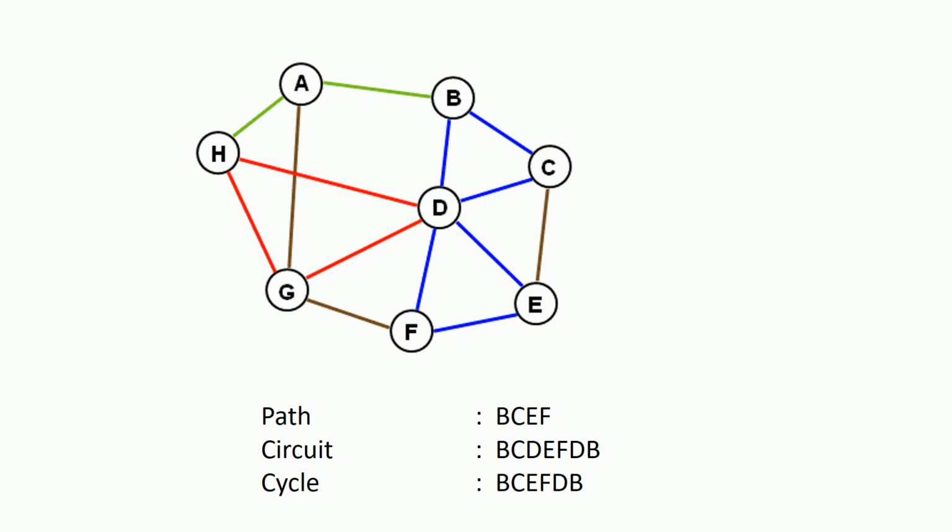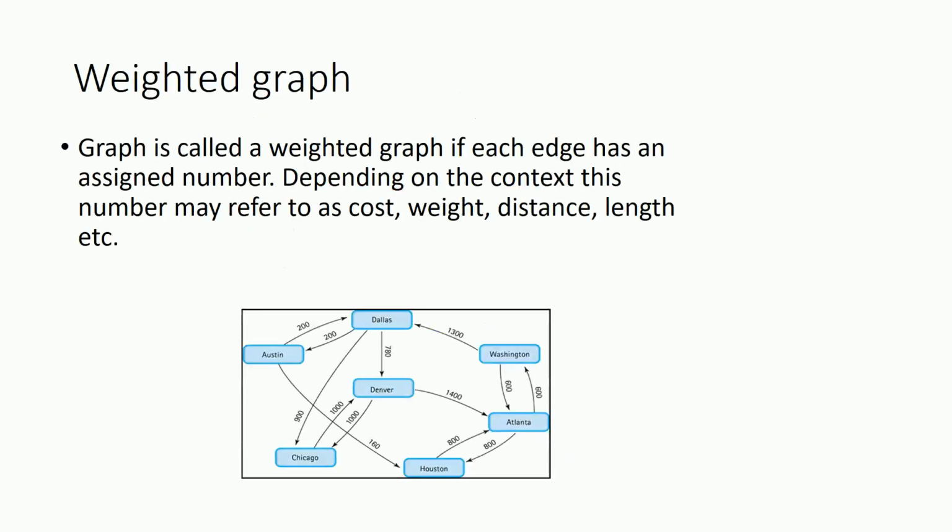Now here, there's no repeating edge, however, vertex D is included twice in this path. So even though this path is a circuit, it's not a cycle because we have a repeating vertex. But if we consider the path B, C, E, F, D, B, it's a cycle because there's no repeating vertex or repeating edges.